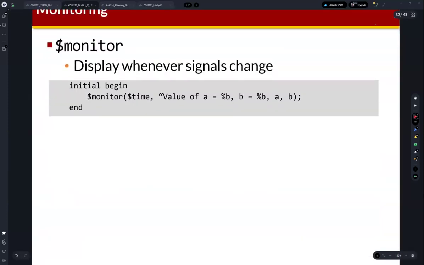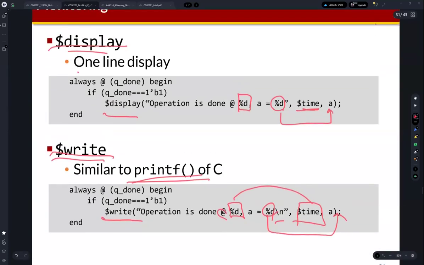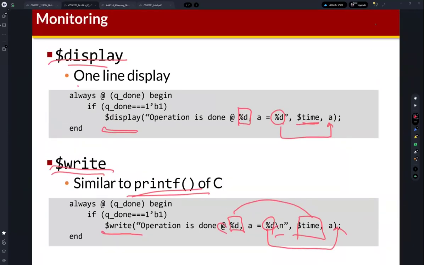And then monitor. Monitor is a little bit different because we can monitor and display whenever signals change. This display function, if it was the write function, can be executed manually.